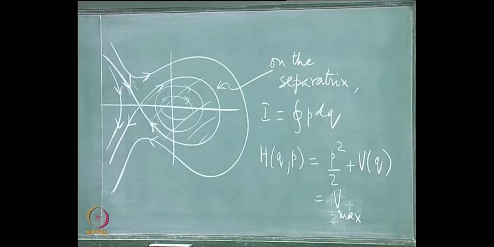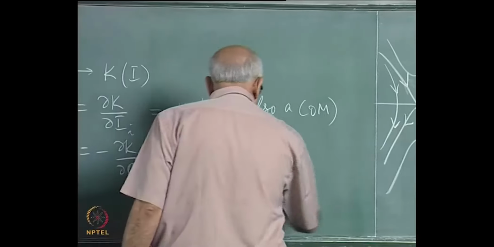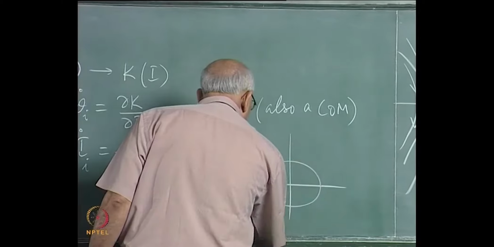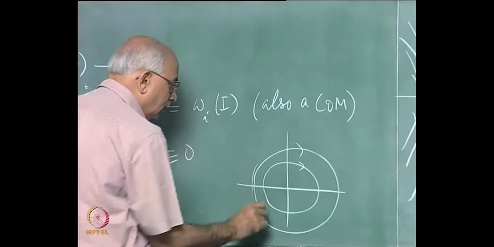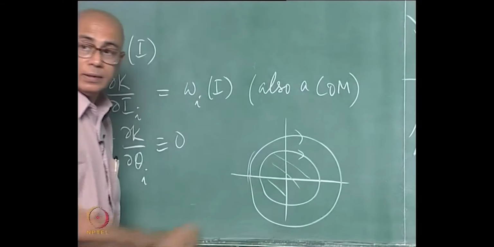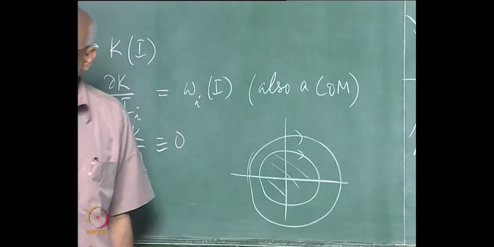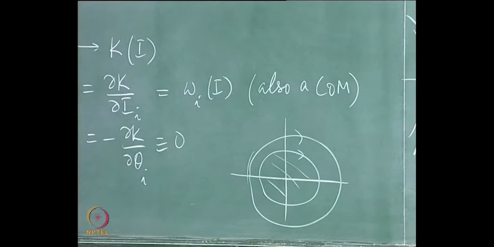What is the action for the simple harmonic oscillator? What would that be? Well, recall for the simple harmonic oscillator, where you have bounded periodic motion of this kind, on any of these trajectories the action is simply the area here, which is the area of the ellipse, and that is straightforward to compute.